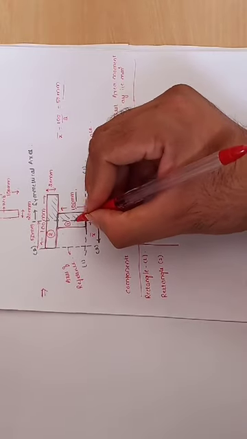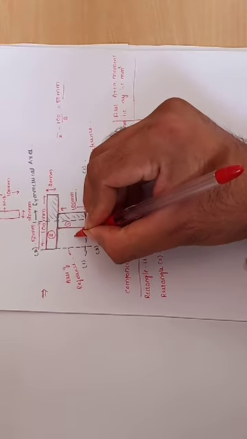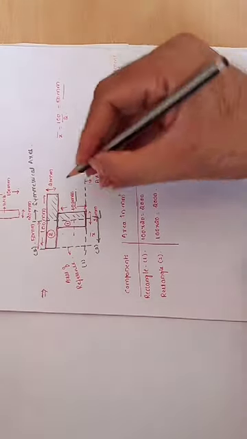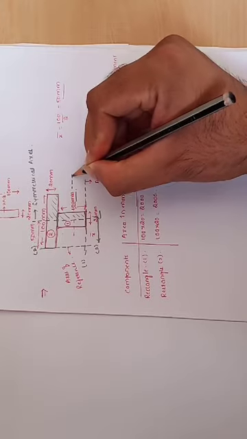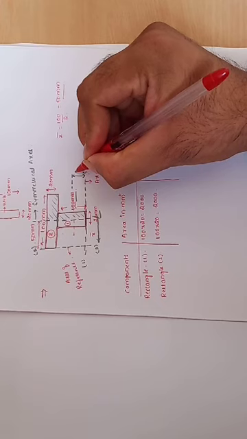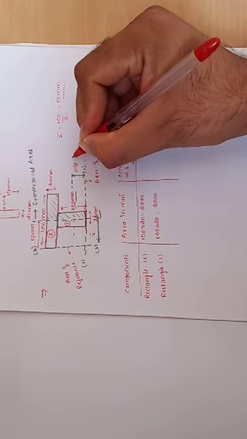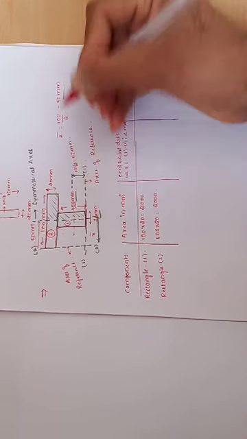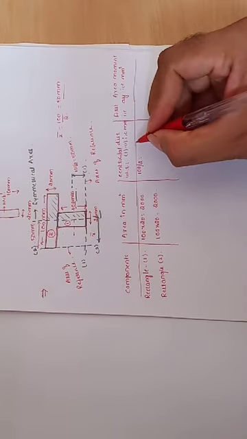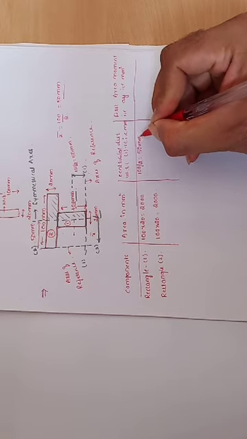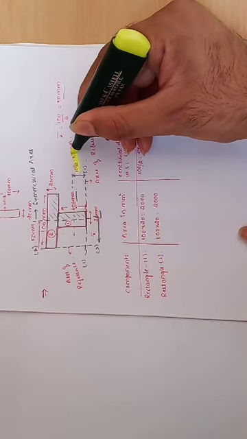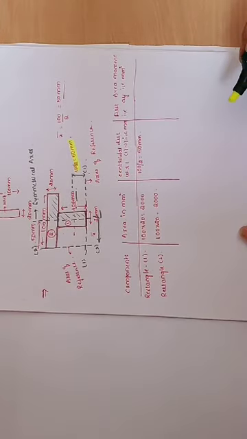Along this side I am calculating, so this distance will be 100 divided by 2, that is equal to 50 millimeter. So the first distance I got is 50 millimeter.